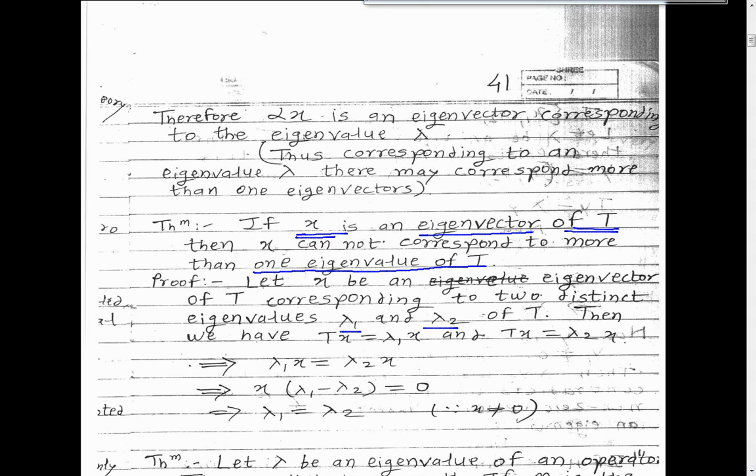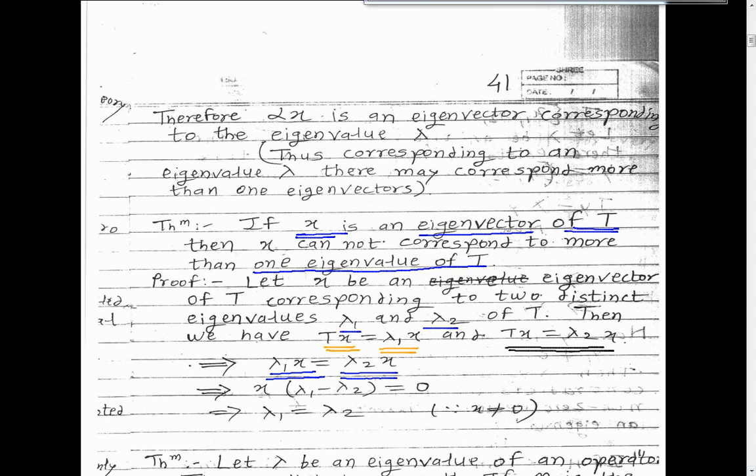Then Tx is equal to lambda 1 x and Tx is equal to lambda 2 x. So lambda 1 x equals lambda 2 x, because both equal Tx.